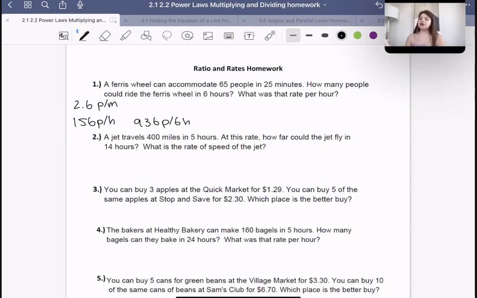Then they want to know, how many people for 6 hours? Well, how many hours are there in 6 hours? There's six, right? So 156 times six gets us 936.